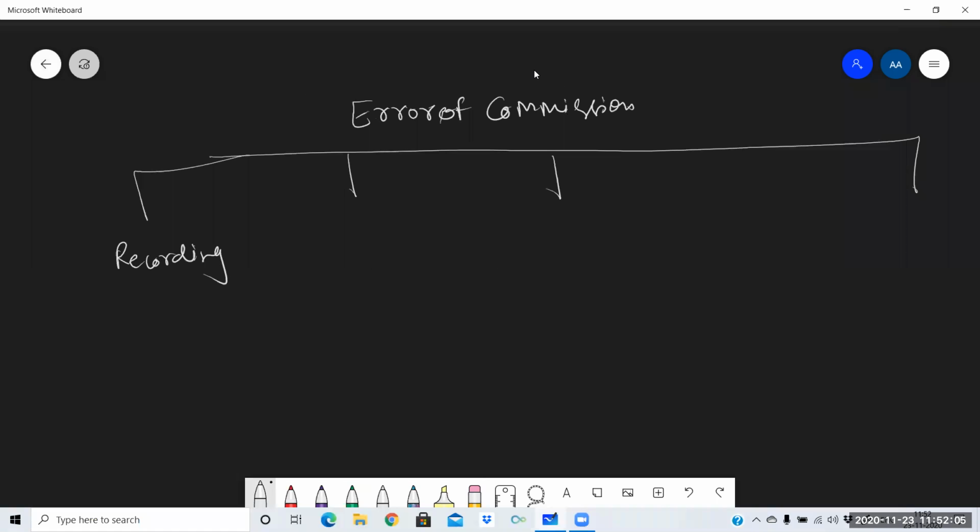Second type, error of casting. All these are important. Any theory question can come. As well as this theory topic is important for understanding of numericals. So try to understand it with proper care. Error of carrying forward, then error of posting.